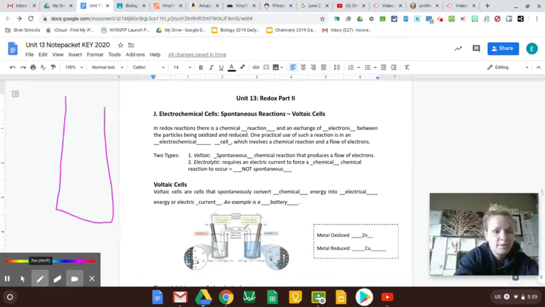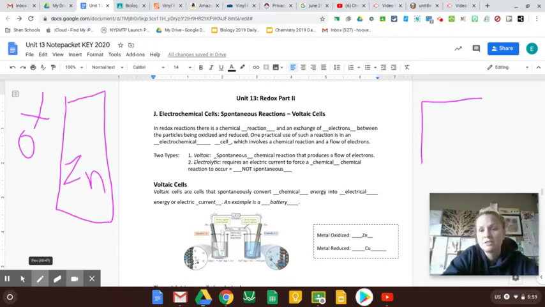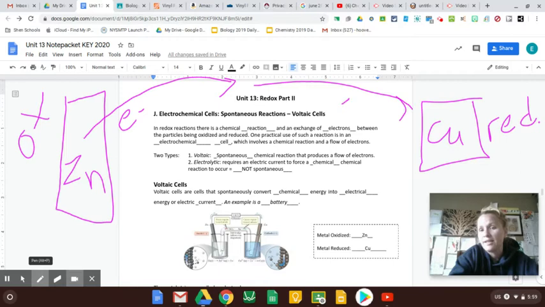So you learned about oxidation. Let's say we had some zinc getting oxidized. We did one of those reactions, and we had some copper getting reduced. And we said oxidation is losing electrons, so there go the electrons, and whoever gets reduced gains them.